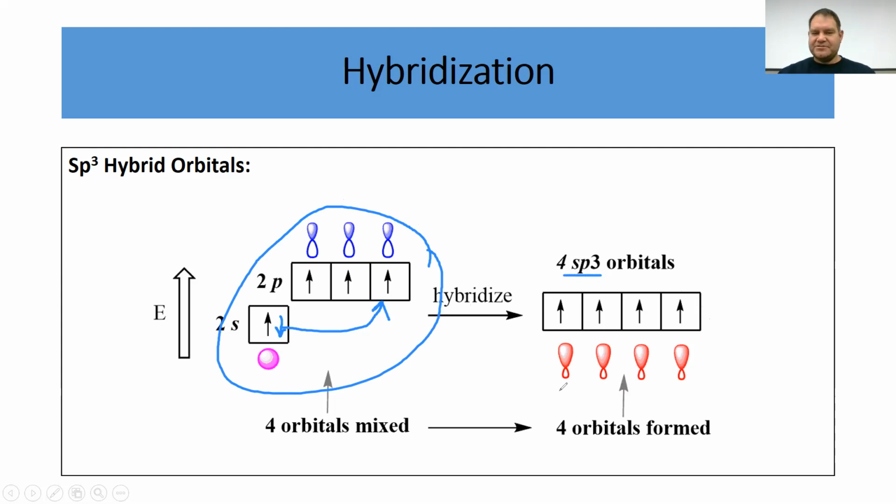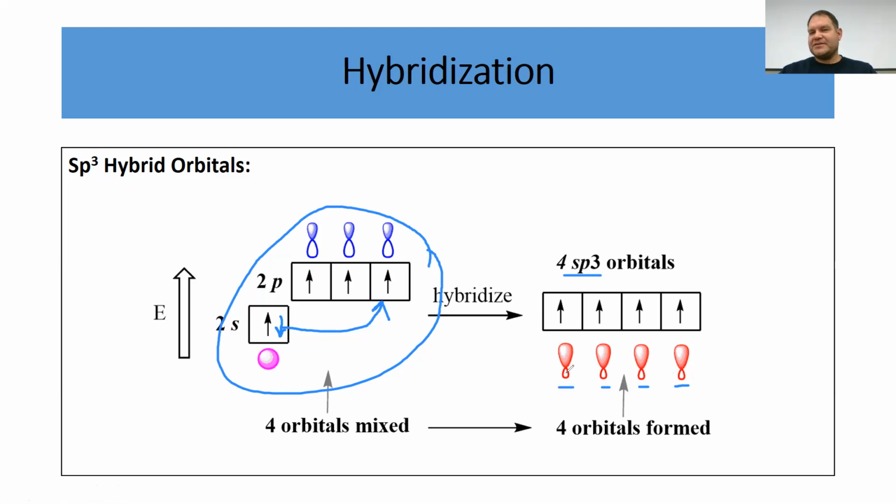Now, this also shows you what each sp3 hybrid orbital looks like. You get a very large lobe with a high electron density and a very small lobe with a low electron density. The reason for this shape is because it is a mixture of the p orbitals and the s orbital. And so you get this really large lobe and a small lobe, okay? And where the large lobe is, of course, has the greatest electron density.